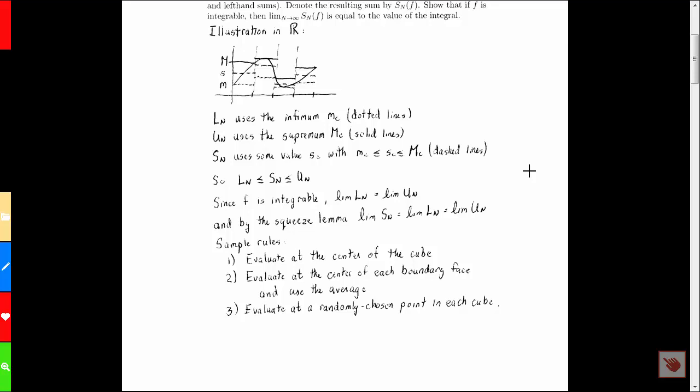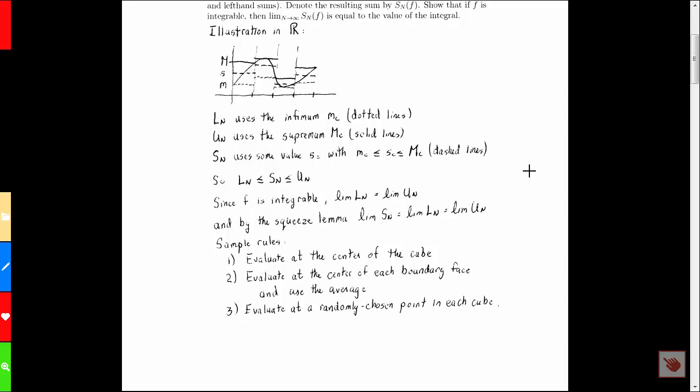So, when we sum up the relevant quantities and multiply by the volume of each dyadic cube, we discover that the lower sum is less than or equal to S sub n, which in turn is less than or equal to the upper sum, U sub n.